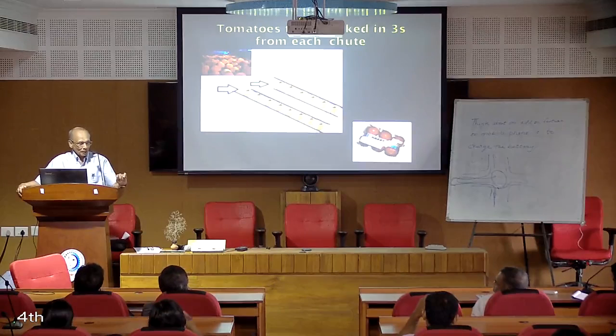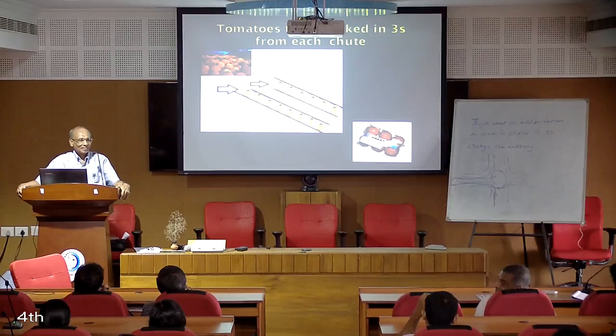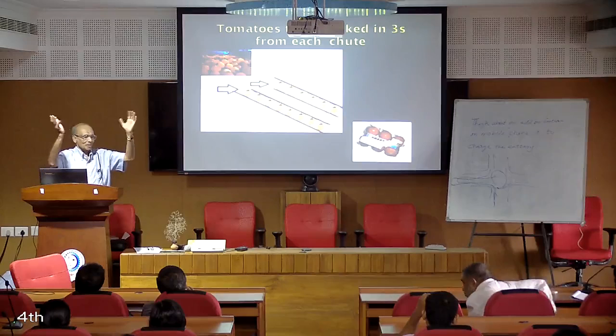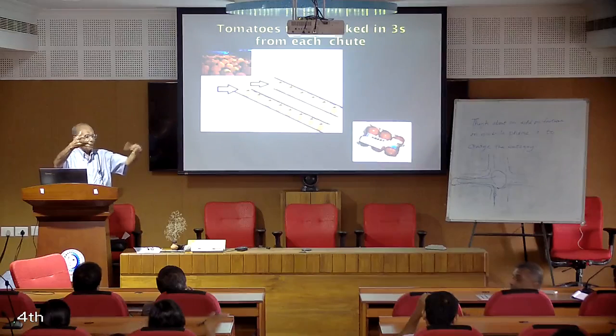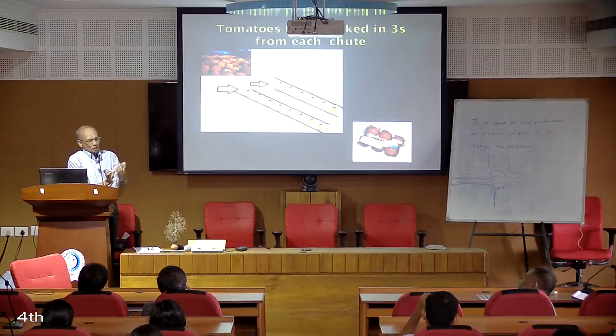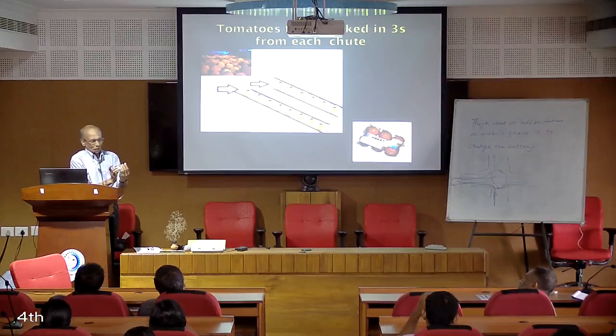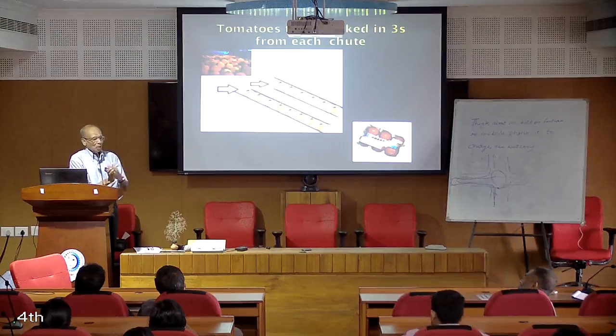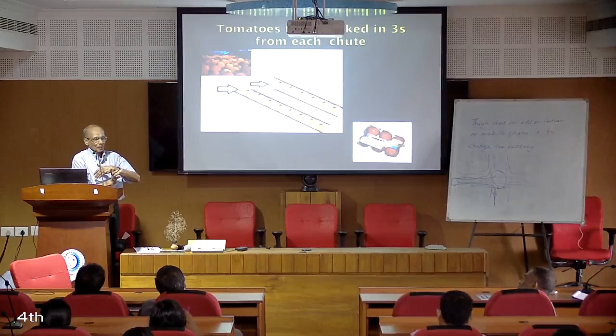But how do you ensure that the bigger one goes to the next channel? No, it's all mixed up, isn't it? Everything is mixed up. So it's coming in whatever fashion they come. So if the bigger one comes and blocks a narrower one, it stops the rest of it getting in there, isn't it?